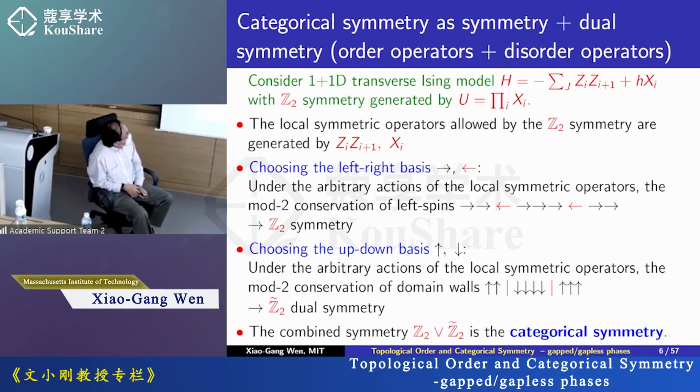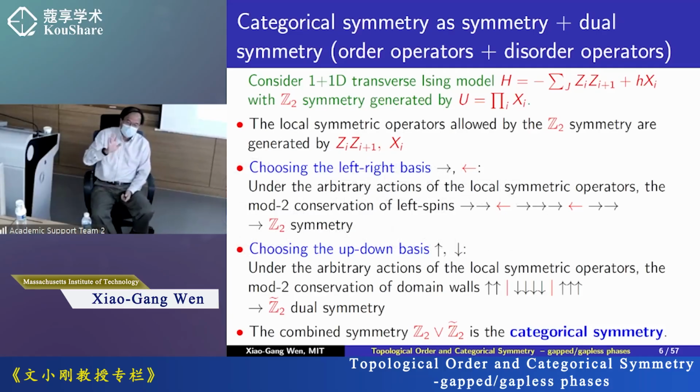So what is a symmetry? You say, oh, it's this. But here I want to say let's not look at symmetry from the transformation point of view. Let's look at symmetry from the excitation point of view. The reason is the following. When you look at symmetry from the transformation point of view, you actually break the symmetry.